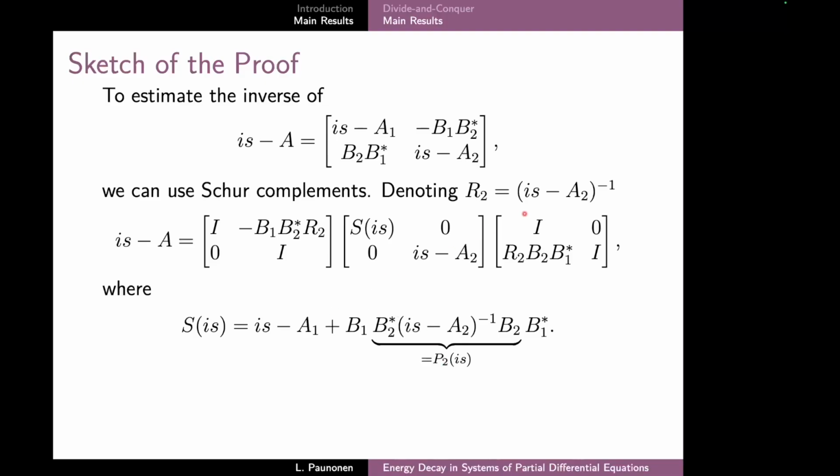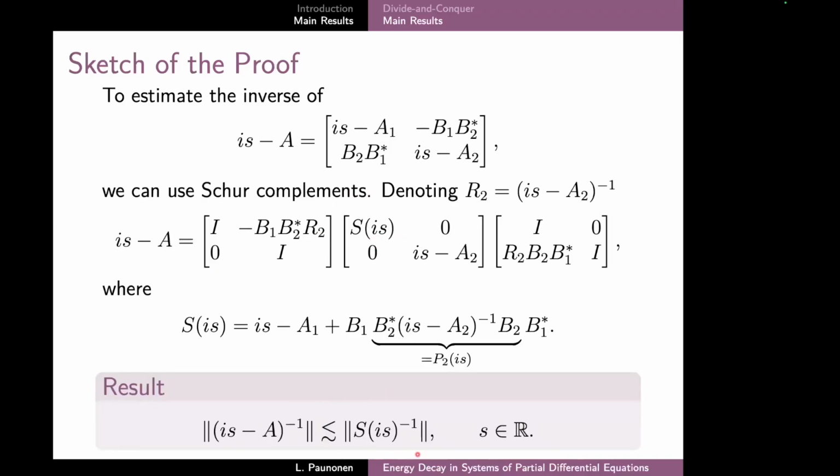And as I noted, the resolvent of sI minus A2 is uniformly bounded on the imaginary axis, so the inverses of the first and the last triangular operators are also uniformly bounded, as well as this term in the diagonal block. And this also leads to the situation that the resolvent norm of A is bounded by a constant times the norm of the inverse of S on the imaginary axis.